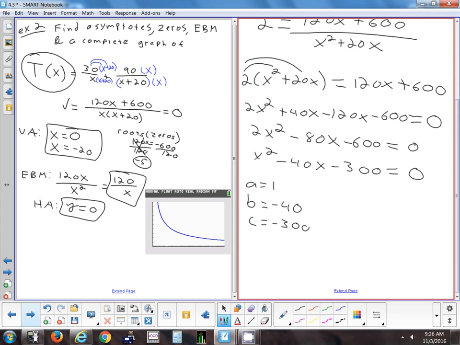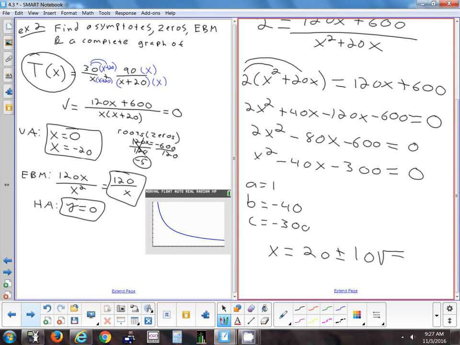Everyone's okay with quadratic formula? Okay, so the 2 answers you're going to get are x equals 20 plus or minus 10√7.